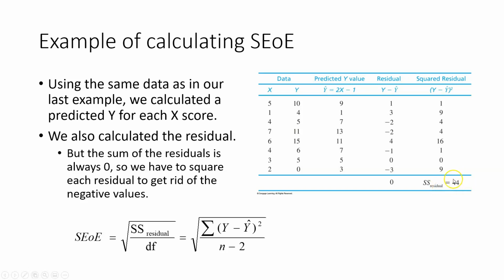So that's our error variability. We take that, we plug it into the equation, we divide by n minus 2, which is in this case 8 minus 2, 6. And if we take the square root of that, then we get 2.708. That's the standard error of estimate.